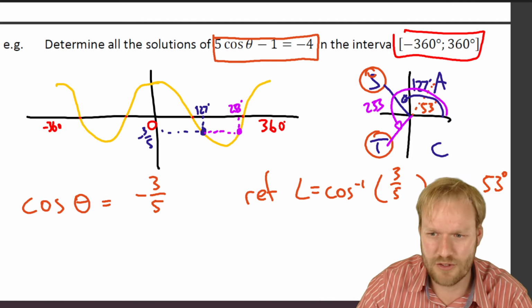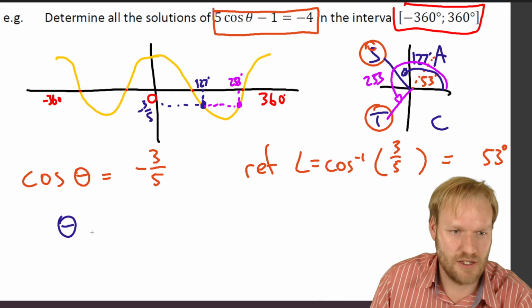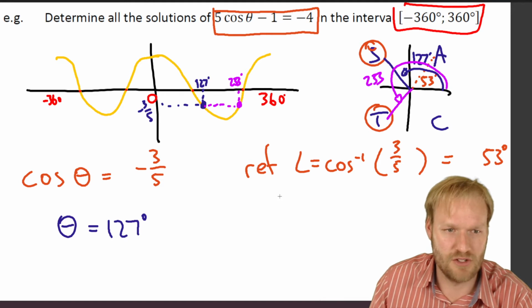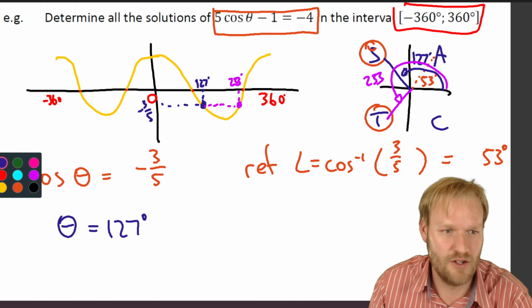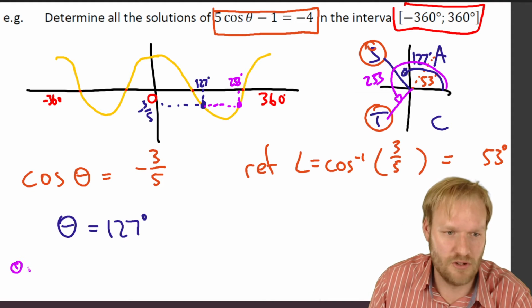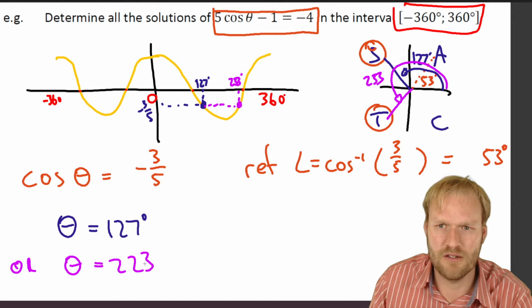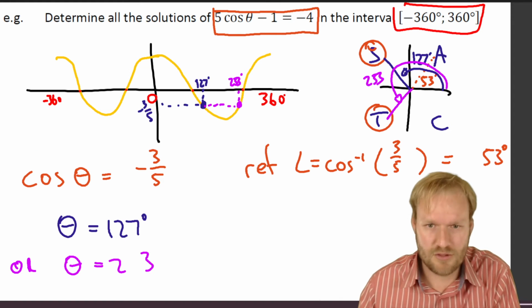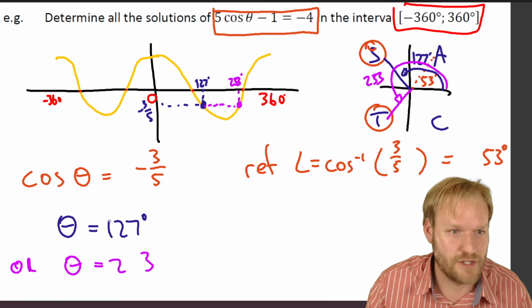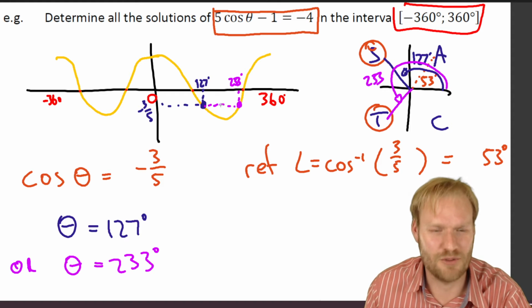So our two options for theta are, theta could be 127 degrees, because cos of 127 is minus 3 over 5. Or our second option might be that theta equals 223. Did I say 233, wasn't it? 233. The glories of writing untidily, right? 233. That would be our other option.